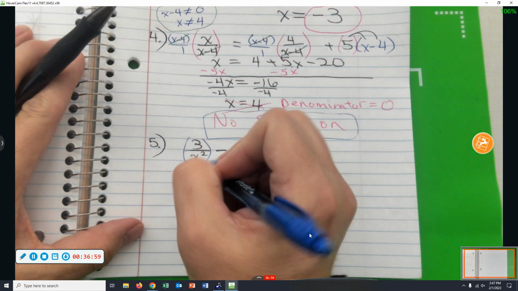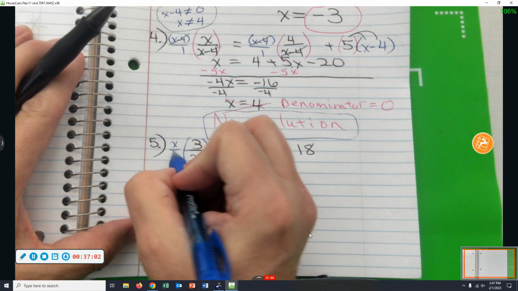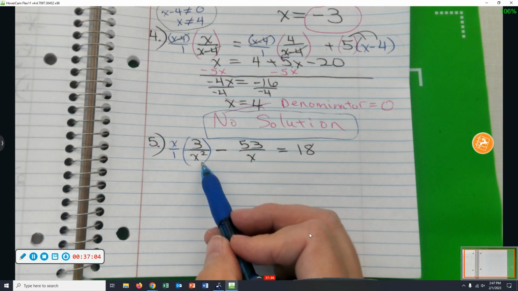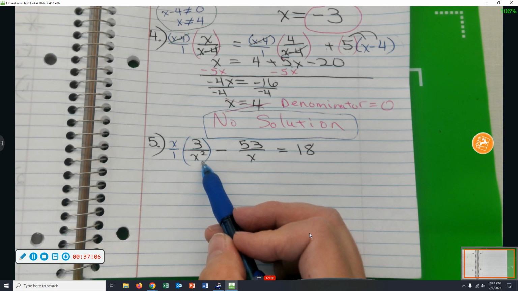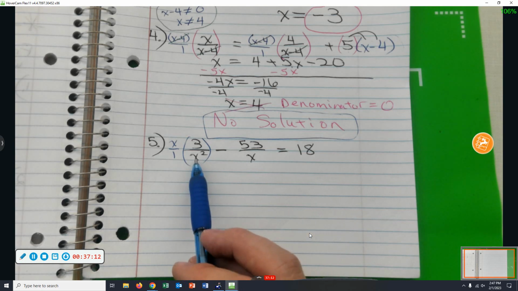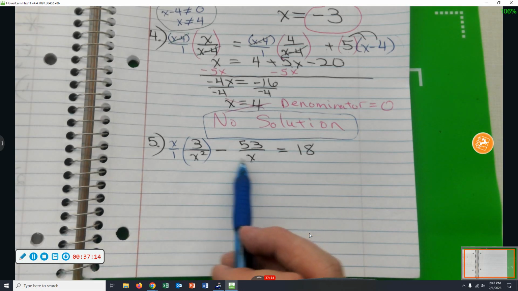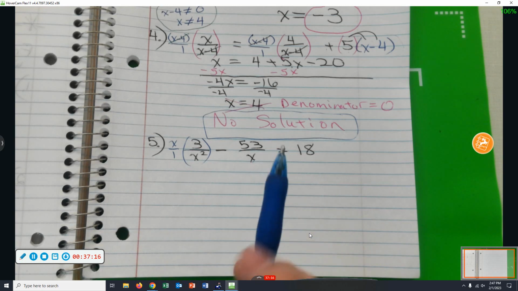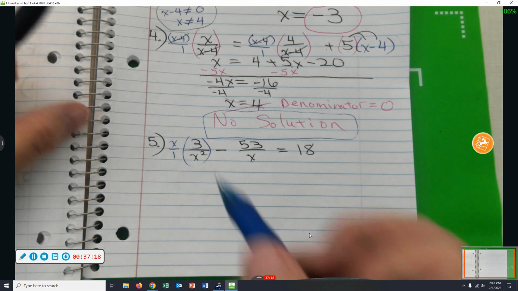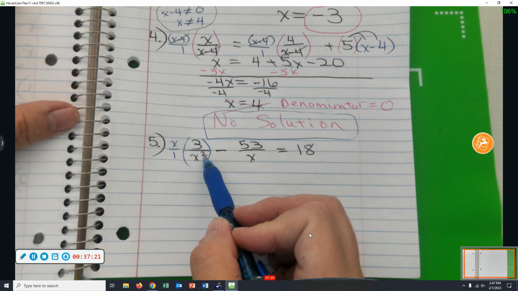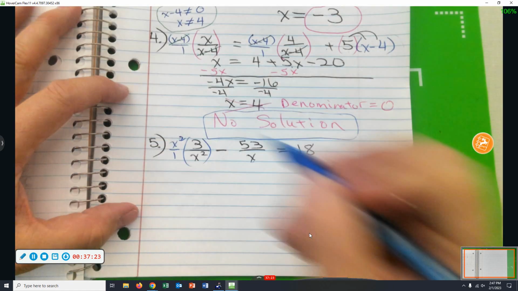If I were to try to multiply here by x, would I cancel out that entire denominator? No, I'd only cancel out one x. I'd still have a denominator of x remaining. So here's the trick. When you have repeated factors appearing in denominators, for the least common denominator, use the larger exponent. Use x squared.